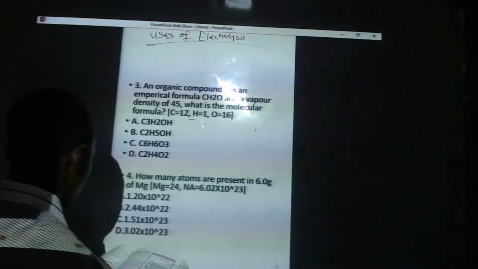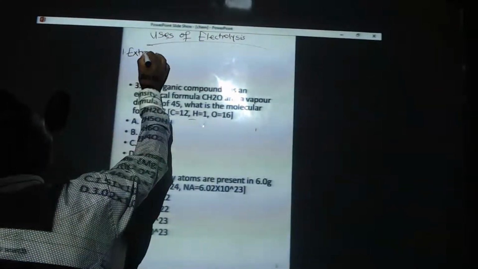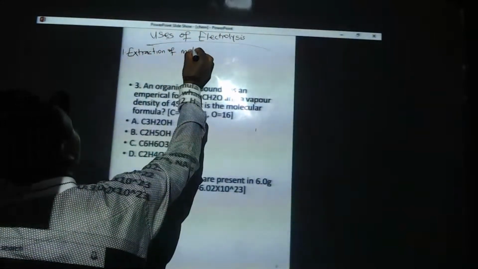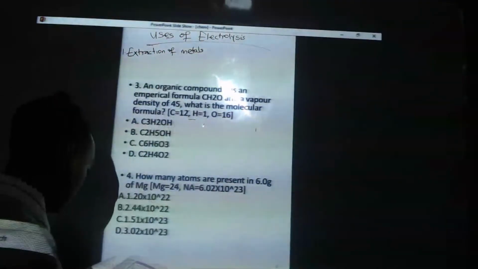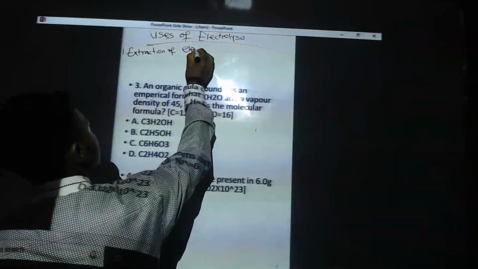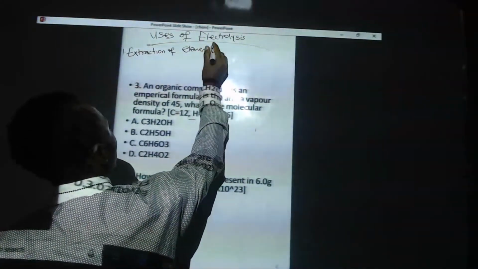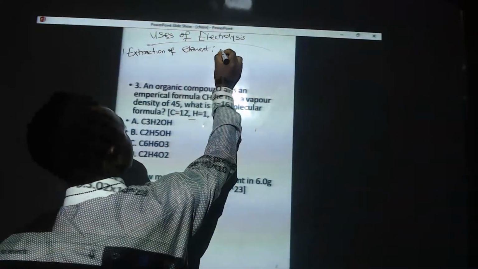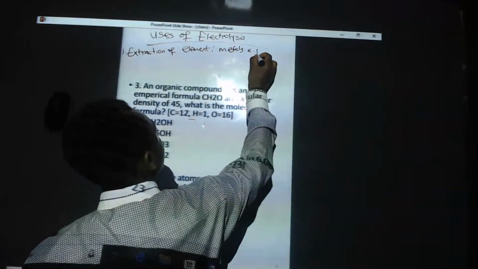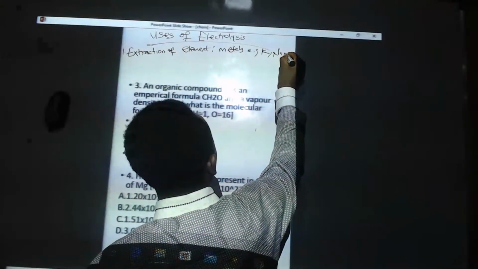Now the first use here is extraction of metals, or extraction of elements, because there are some few non-metals. So let's say metals, e.g. you have your potassium, you have your sodium, etc.